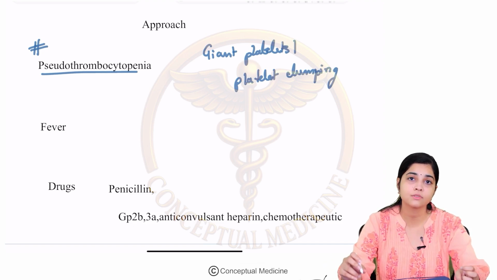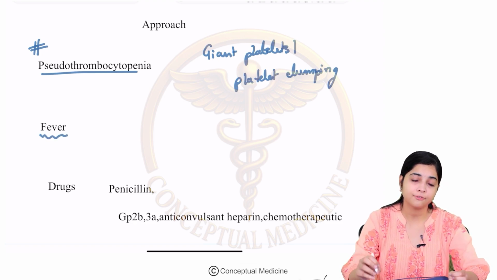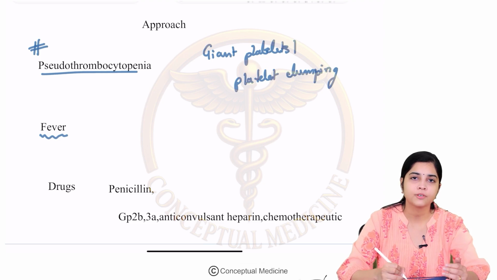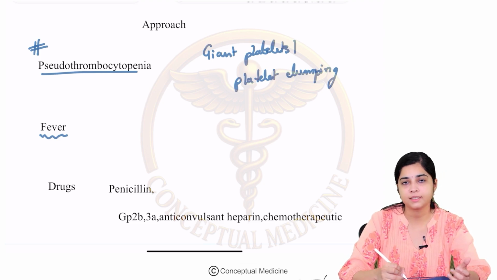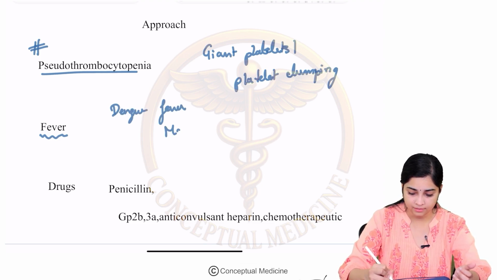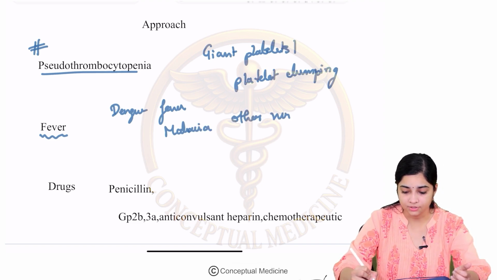So that is pseudo-thrombocytopenia. Then you will have to ask for history of fever in this patient. Why is it important? Because if there is an acute drop of platelets, then you have to consider infectious causes like dengue fever, malaria, and other viral hemorrhagic fevers.